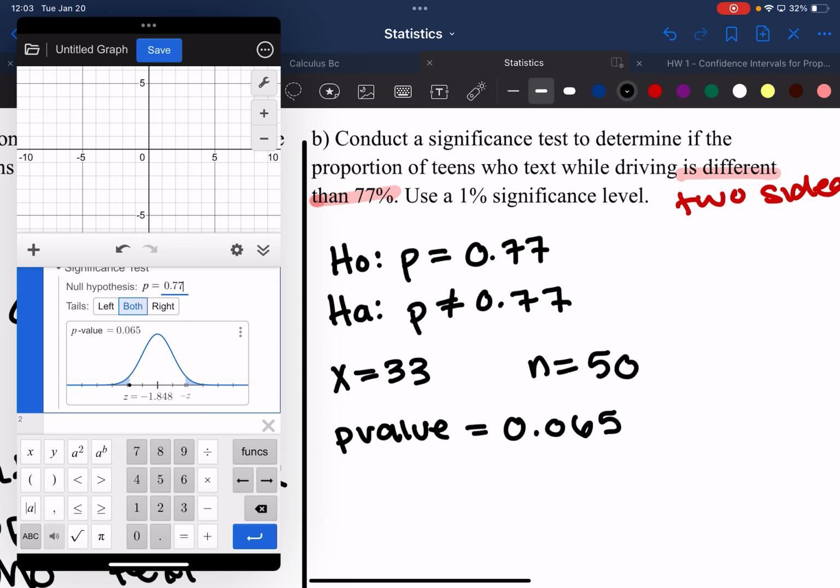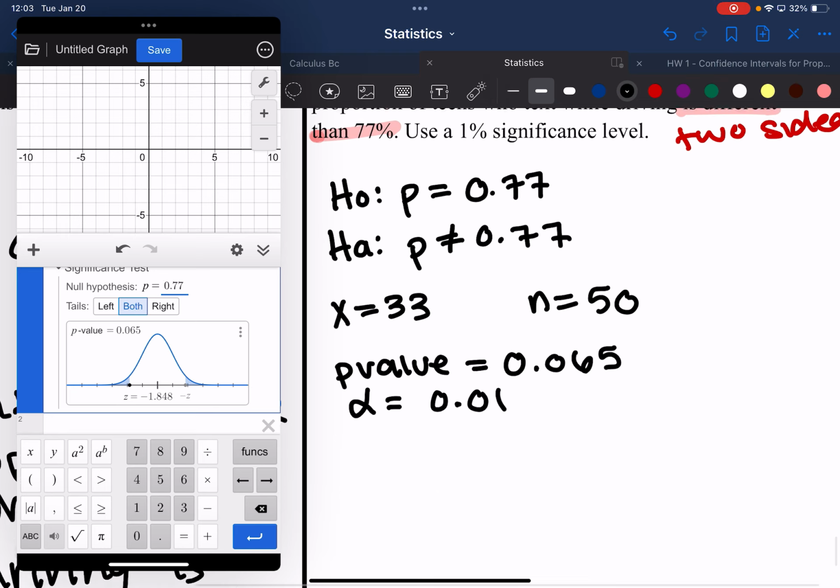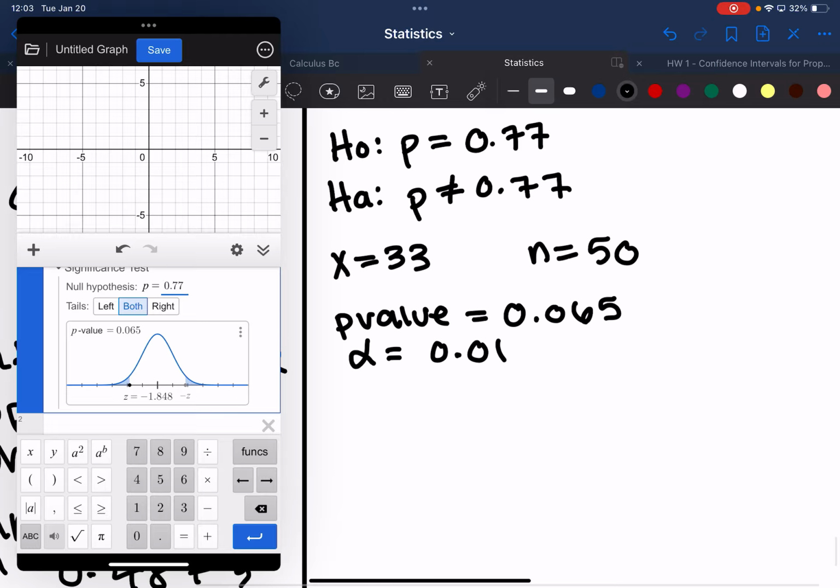I'm supposed to be comparing that p-value to what? What variable do I use? Alpha. In this case, what is alpha? Good, 0.01, that 1% significance level. Now that I have all this information, I'm comparing p-value and alpha. Is the p-value bigger or smaller? It's bigger.